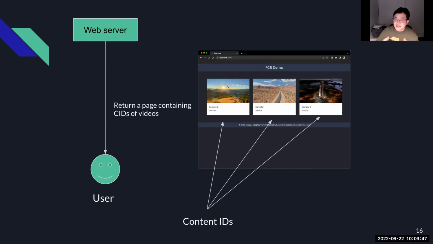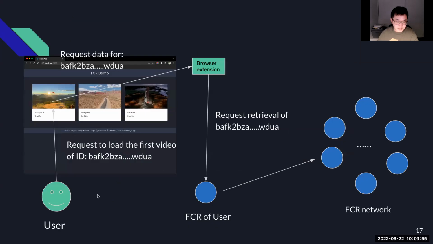However, they are represented as CIDs, not a typical network address of assets. When a user clicks one of the videos, the web server sends a request to a browser extension that can further talk to a local FCR node for a retrieval request. FCR then retrieves the data from the network, and the data will be returned to the web page to load.